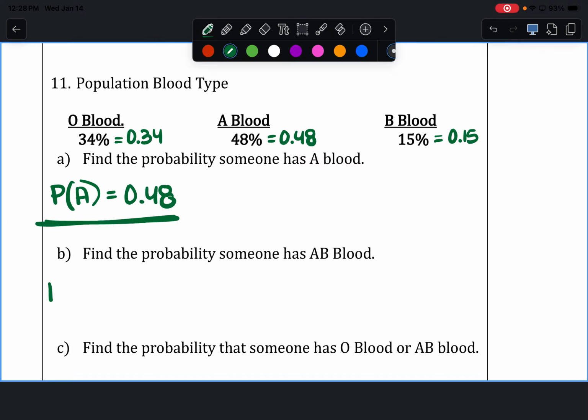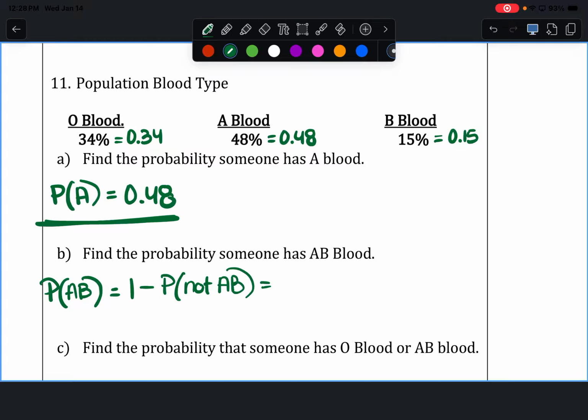So find the probability someone has AB blood. So we're doing the probability that it is AB. So if they have type AB blood, what do they not have? O, A, B. So what we're going to do is 1 minus the probability that it's not AB.